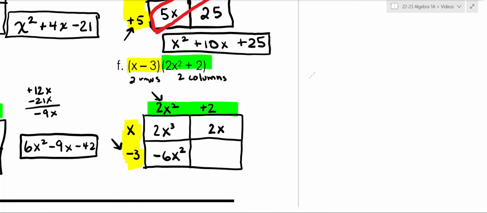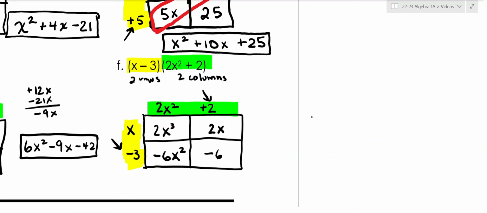Whoa, what do you mean, whoa? Negative 3 times 2x squared. Negative 3 times 2 is negative 6, and there's only x squared, so x squared. See? Miss Medina, those are not like terms. I know. This is an example of when you don't get like terms. The last box is negative 3 times 2, and that's just regular negative 6.